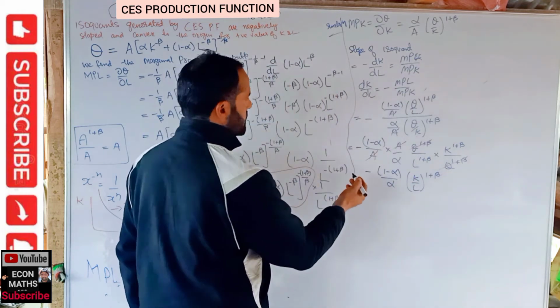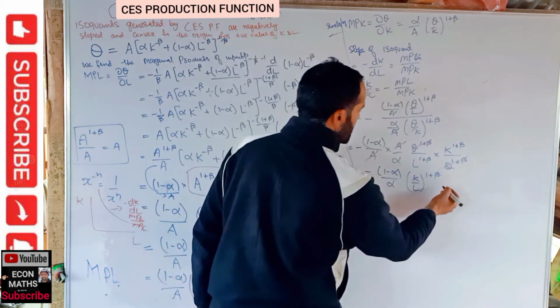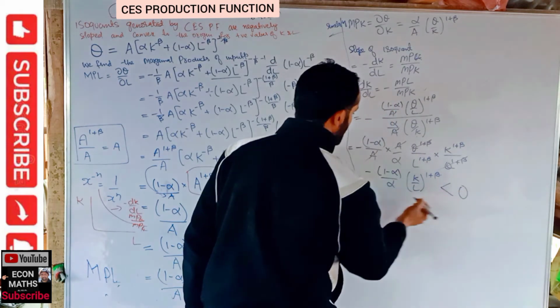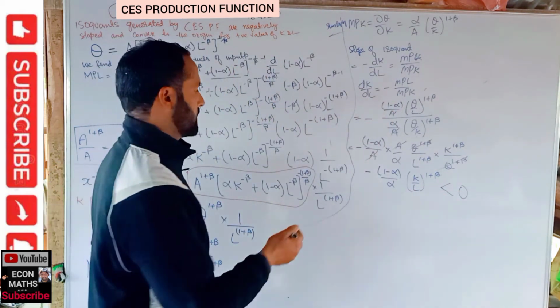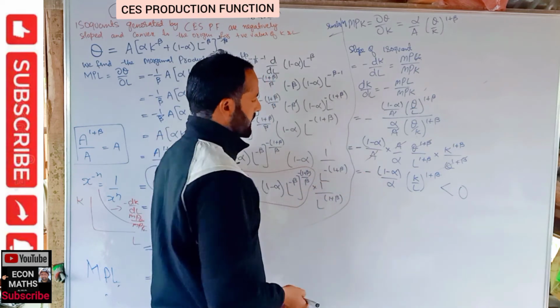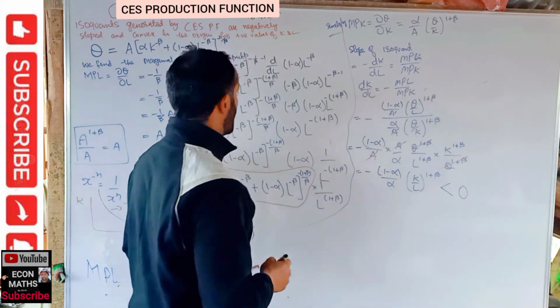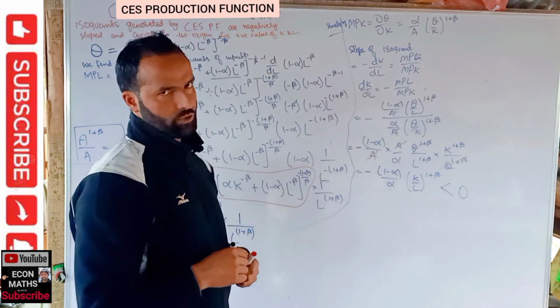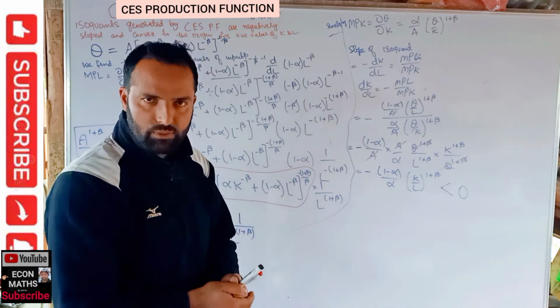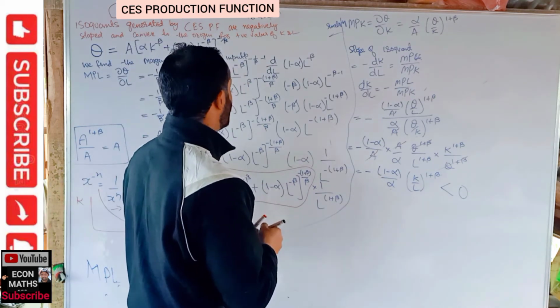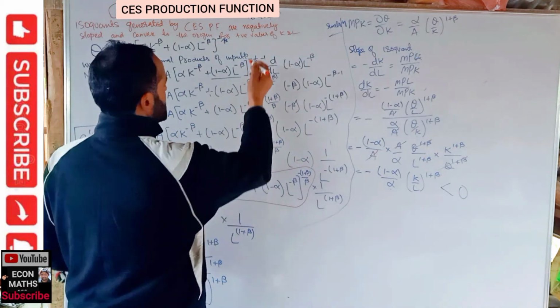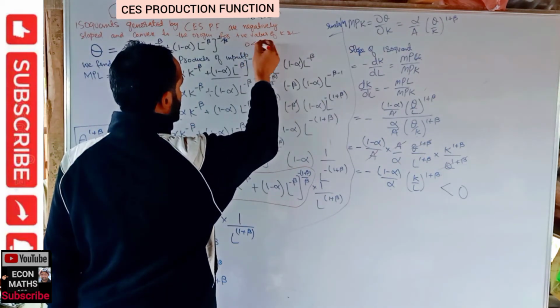Now this will come out to be less than 0 because of the negative sign. Since the value of alpha, actually I forgot to write this, the value of alpha lies between 0 and 1, so I will write it here. Alpha lies between 0 and 1.